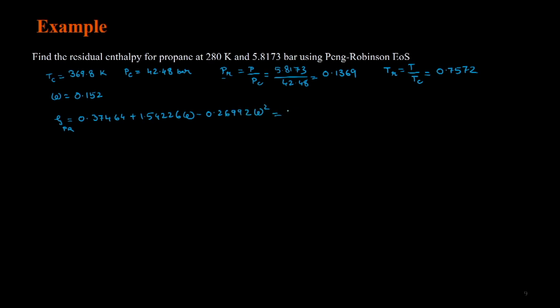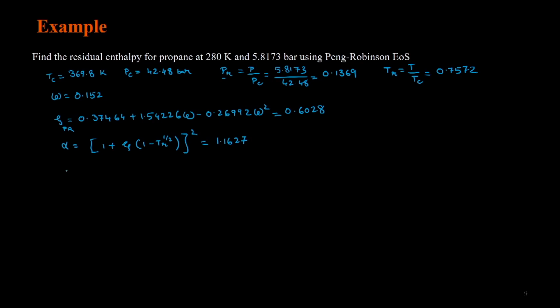And this value turns out to be 0.6028. And once I have zeta, I can calculate alpha, which is 1 plus zeta times (1 minus TR to the power half), whole squared. So I know zeta, I know the reduced temperature, so I can plug the numbers in to get the value for alpha. In this case, this value turns out to be 1.1627, right? I have alpha, I have zeta.